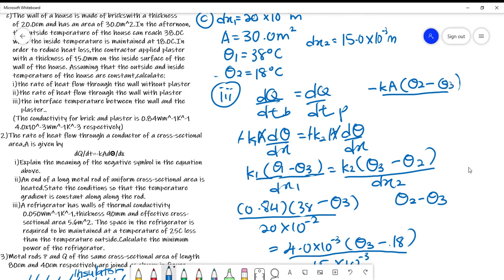So this is the dx1. And okay, so let me check again. So this is theta 1 and this is theta 3, and there's a mistake, and I wonder why theta 2 minus theta 1 is not applicable.